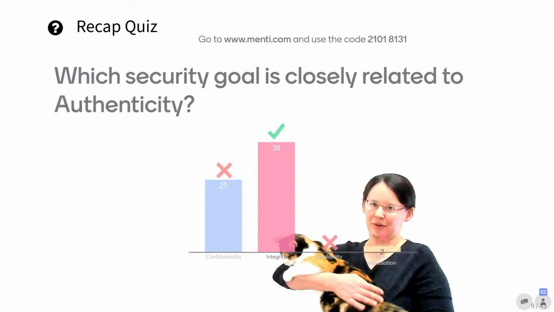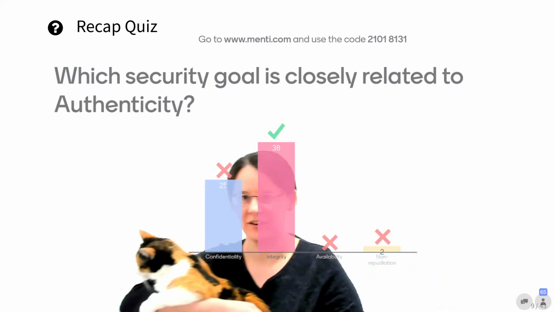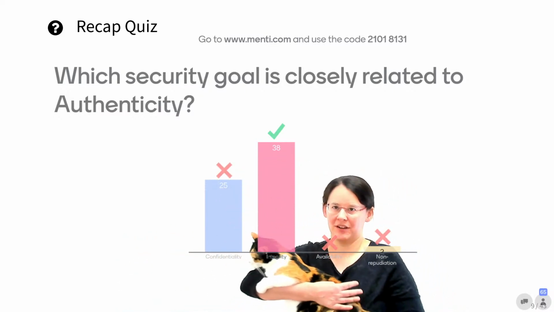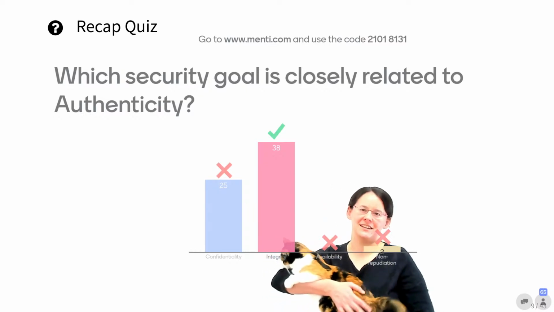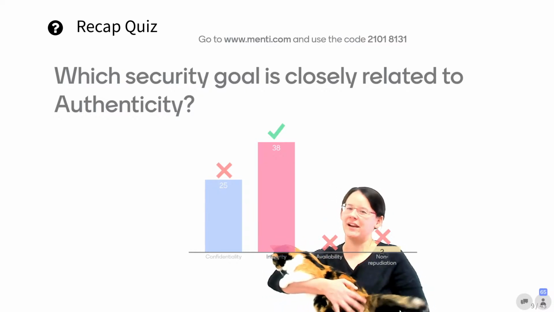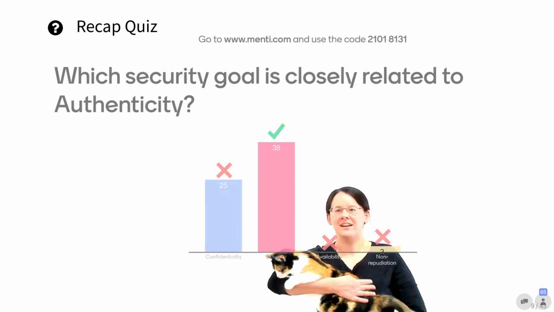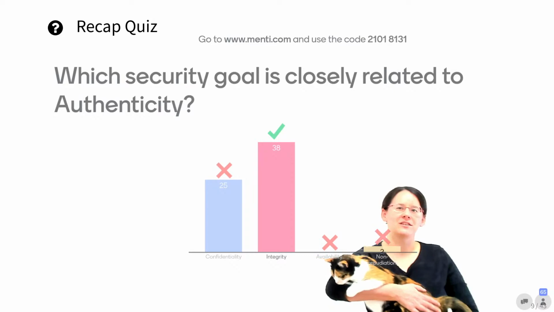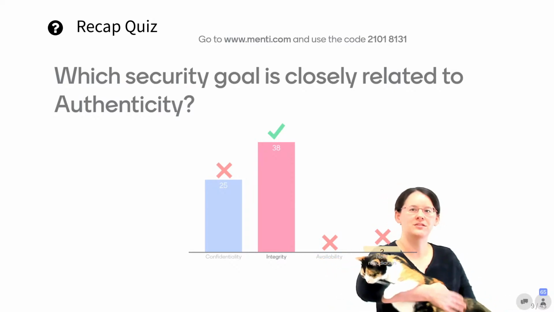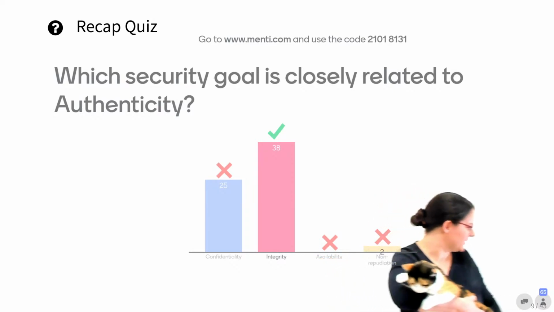I do understand a bit why some of you ticked the other answer, that's I think confidentiality. And that's because if we want to achieve confidentiality, we usually also value the data enough that we want authenticity from it. So in a sense, it's also related, but not as closely as integrity, because you really cannot have authenticity without integrity.